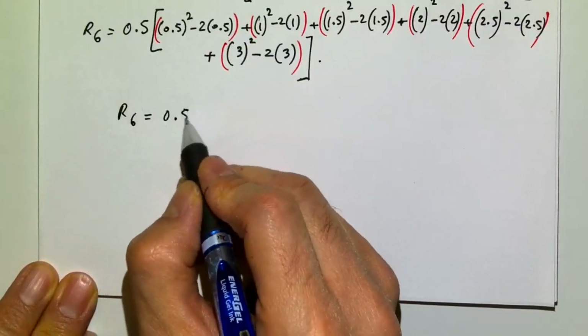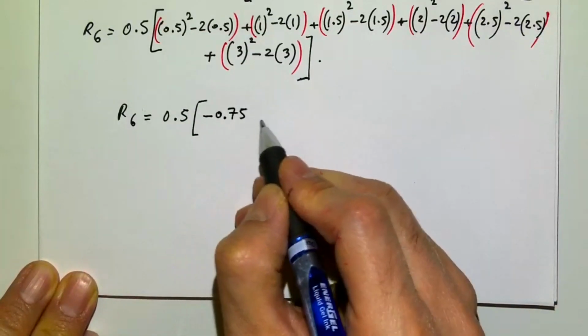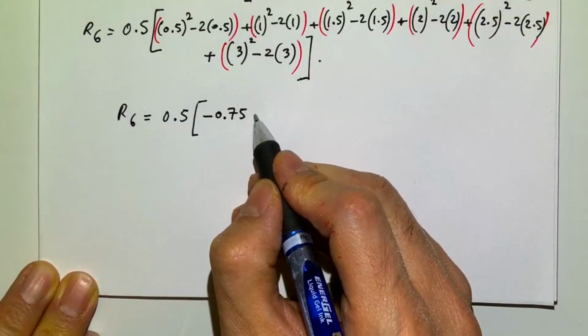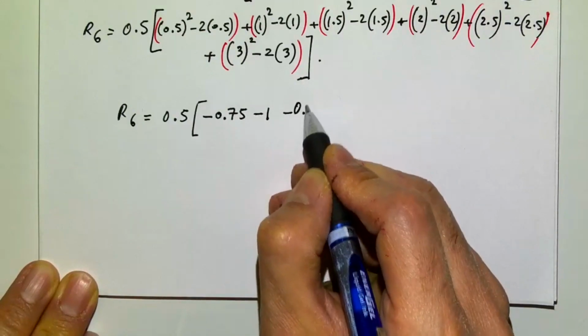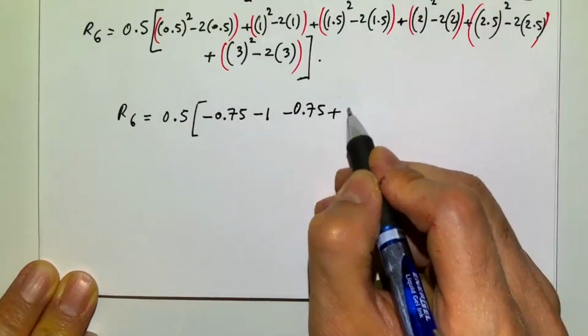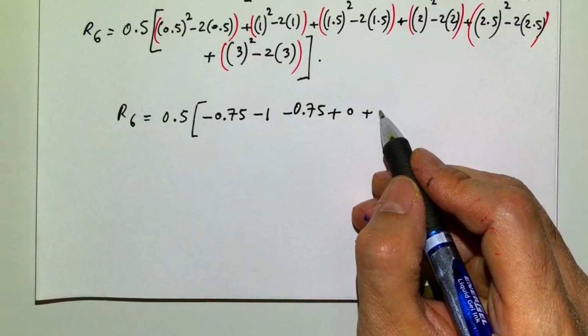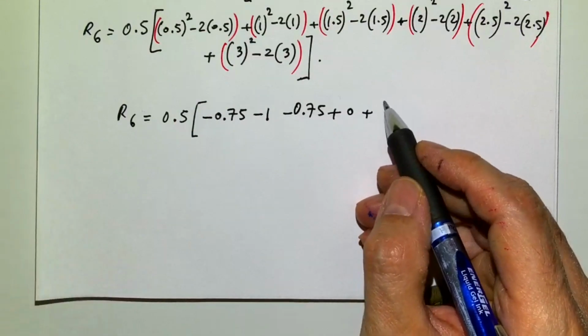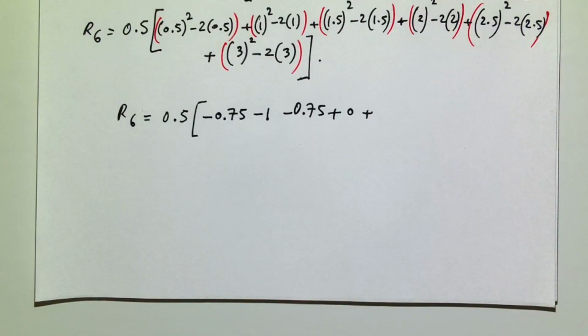So 0.5 times minus 0.75 plus minus 1 and minus 0.75 again, plus 0 plus what is 5 over 4? So we have that one. One moment, let me grab my calculator for that. So I have 5 over 4, but I need to be consistent, I want to convert that to a decimal value.